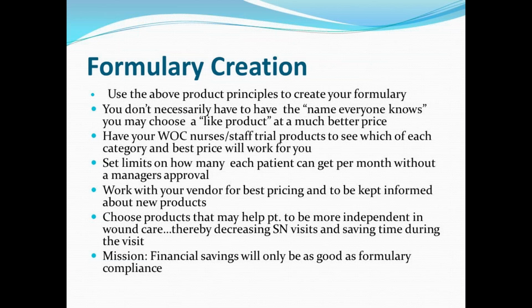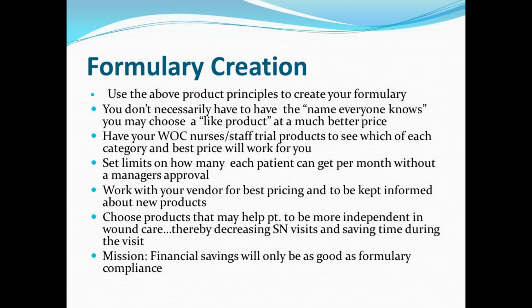You also want to choose products that are going to help your patients to be independent in their wound care, therefore decreasing your skilled nursing visits and saving time during the visit. Make it easy. Your financial savings will only be as good as your formulary.